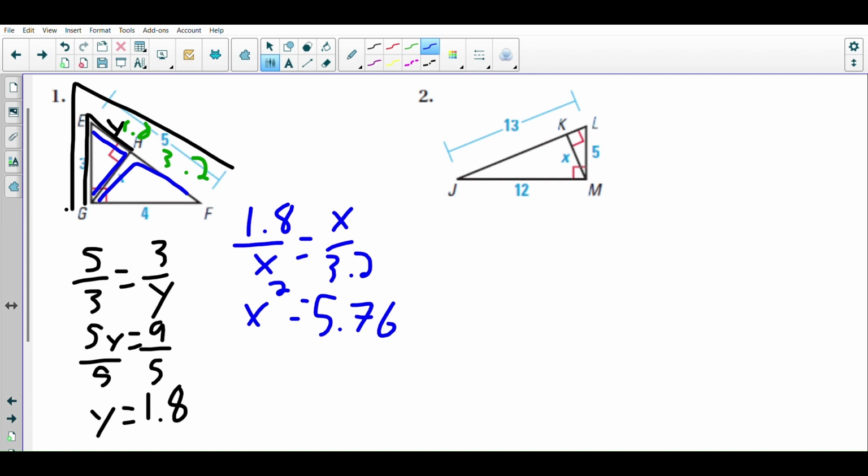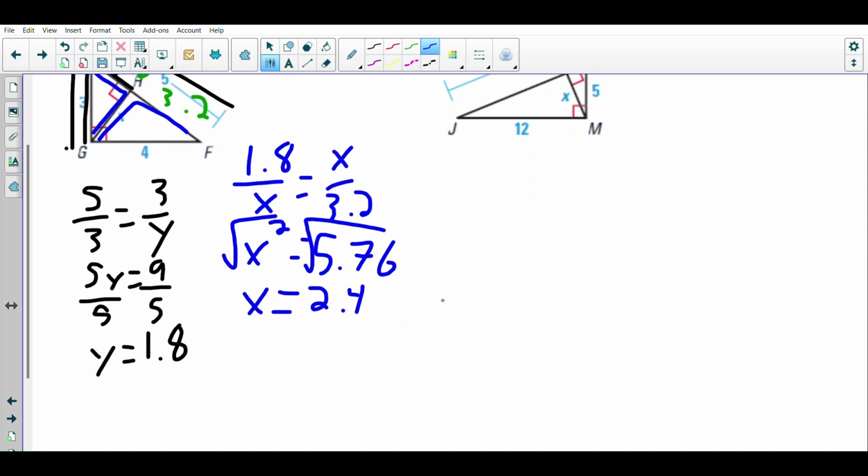And then we take the square root on both sides. So we get x is equal to 2.4. Okay, so that's using the geometric mean.